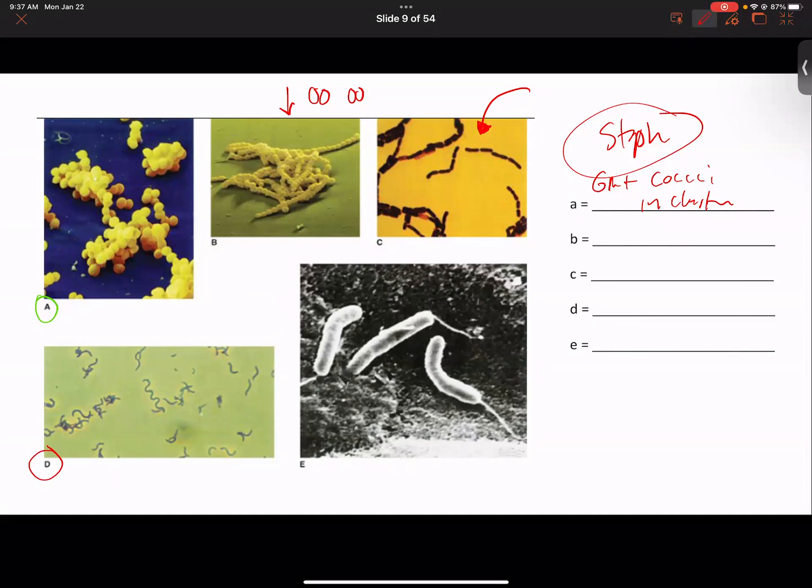Chastity, you're probably going to know this because you answered this question last semester, but if you see this corkscrew shape, what could it be? Leptospira, okay? That's one option. What is another organism that is classically described as a spirochete and has this corkscrew appearance?